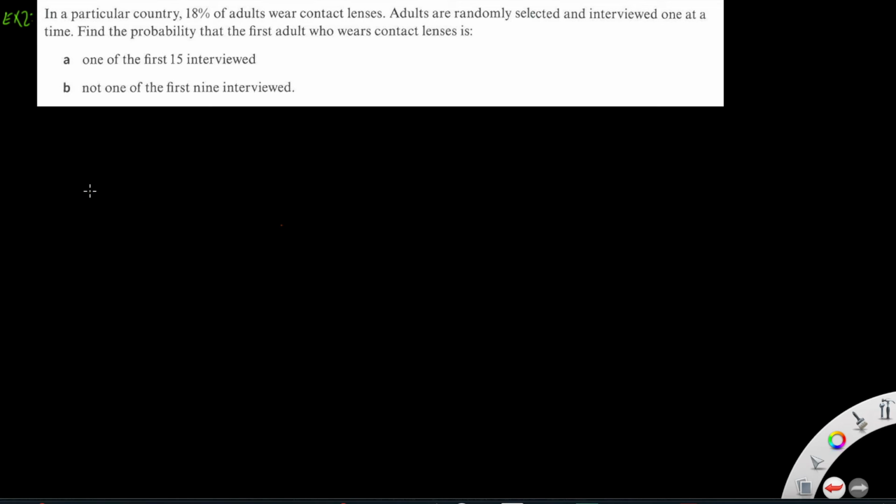For part A, you are supposed to find the probability that success is obtained in the first 15. One of the first 15 interviewed, so x less or equal to 15. Now if you use the point that you learned on the last page, you can write it is equal to 1 minus q to the power of 15.